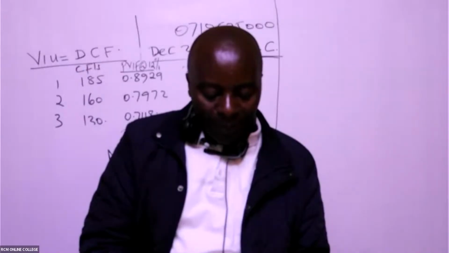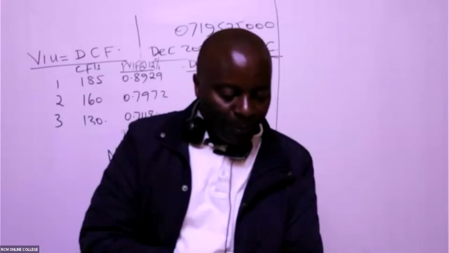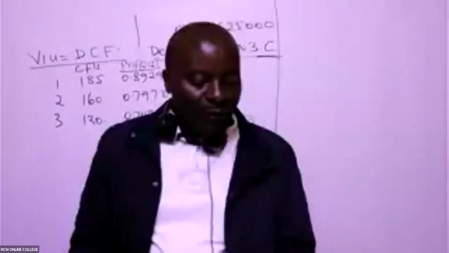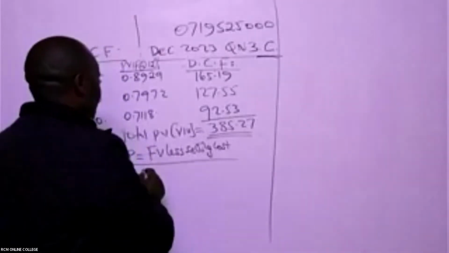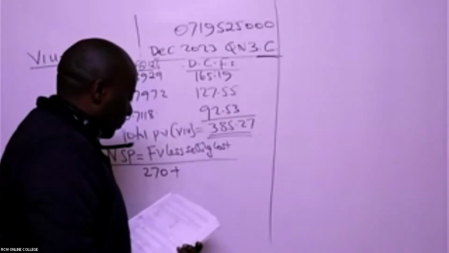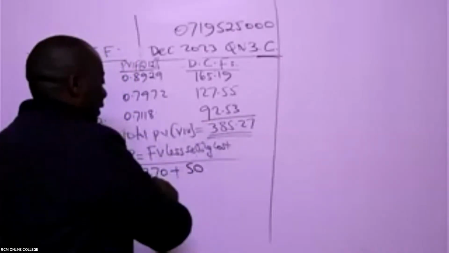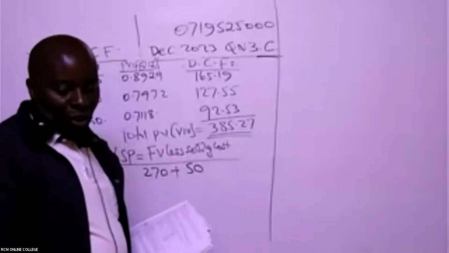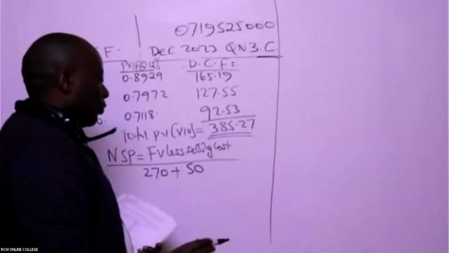The net selling price, they've given us this in note number 3. Land and buildings will be sold for 270, and then we have machinery going for 50. These are net of any selling costs.